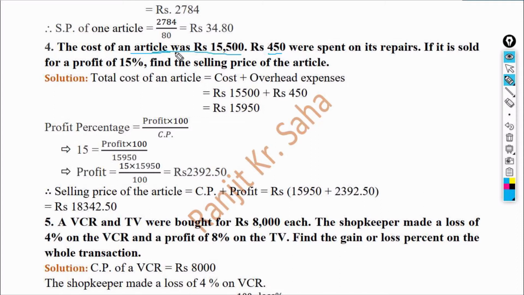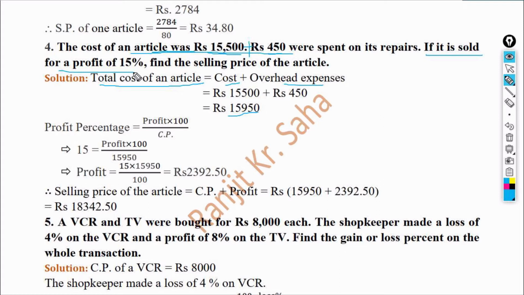Then to find the total price, you have to add these two. That means the total cost of the article that the person spends, cost and overhead expenses, is rupees 15,950.